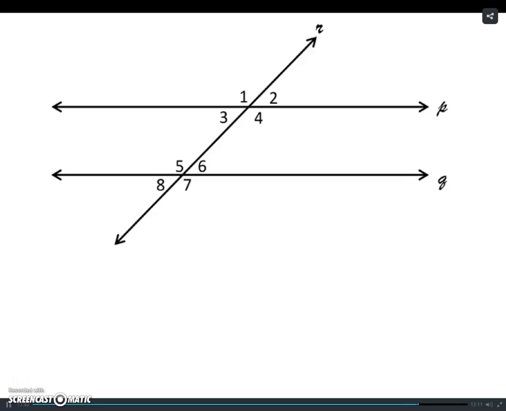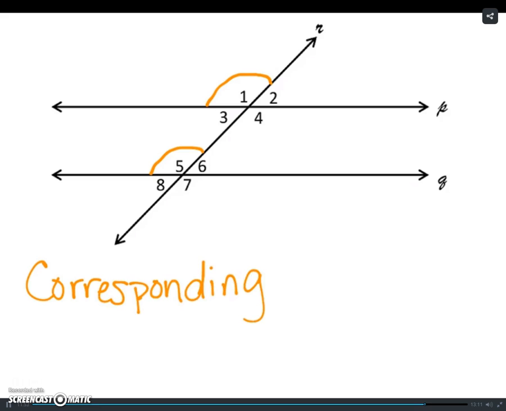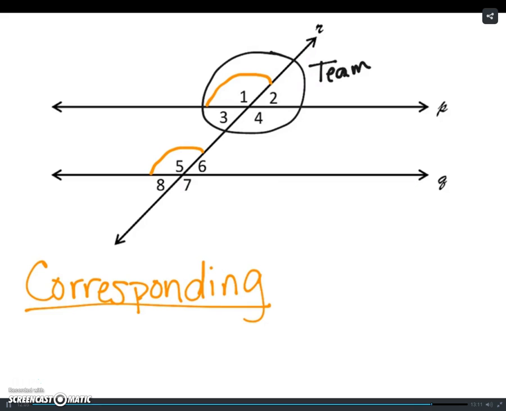Okay, these, for some reason, are the hardest for most students to remember and recognize, and I'm not really sure why, but they're called corresponding angles, and corresponding just means that they are in a corresponding position. So I like to think of my top set of angles up here as like team 1, okay?